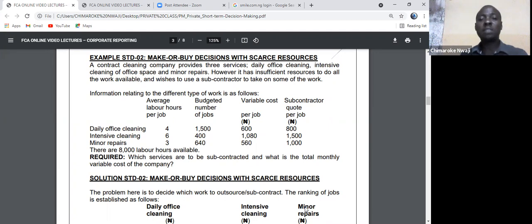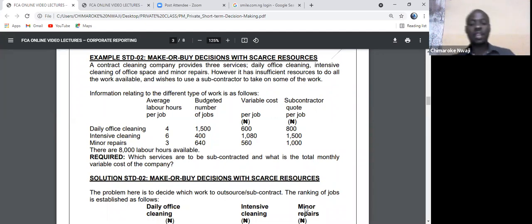If you are spending the most, it means you could have saved the most. So give out jobs in ascending order of extra cost. The one on which you spend the least is the first job you are going to give out, followed by the next one on which you will spend a little bit more, and a little bit more. That is how you are going to do it.